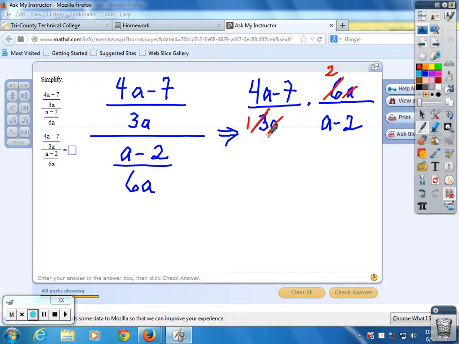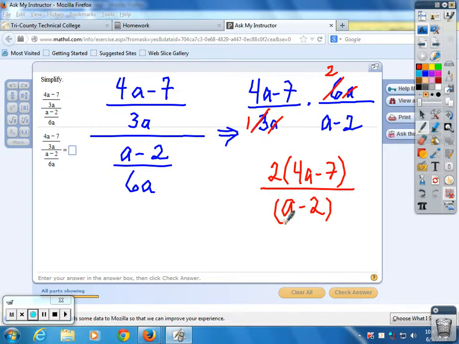And you're left with 2 times 4a minus 7 over a minus 2. That's it. You could distribute the 2, but there's no reason to.